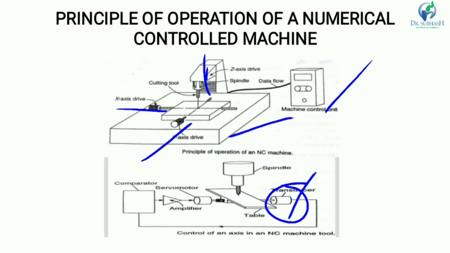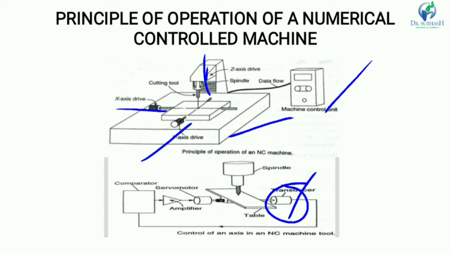Now let us take one example. Let us assume that a hole is to be drilled at the location of X equals 100 and Y equals 150.